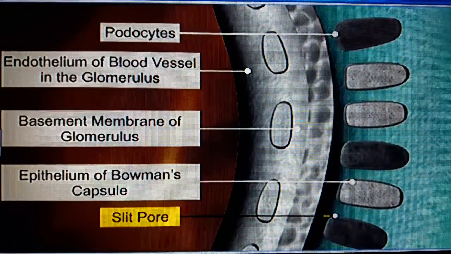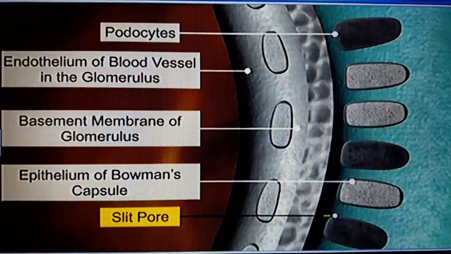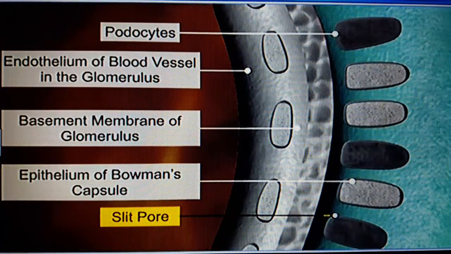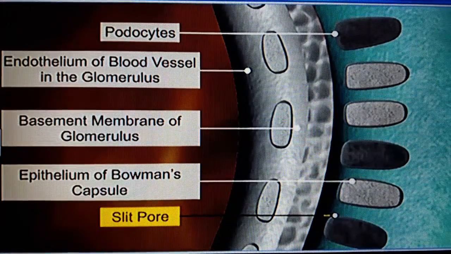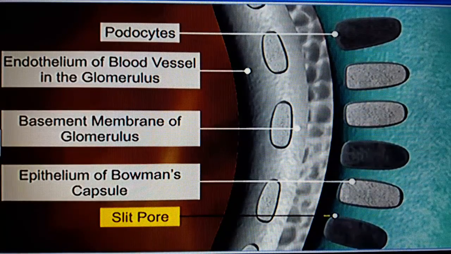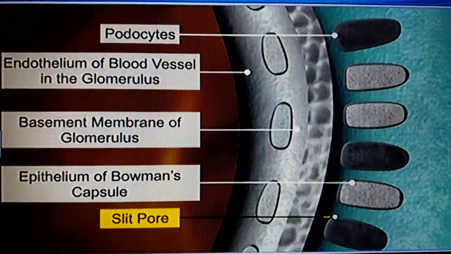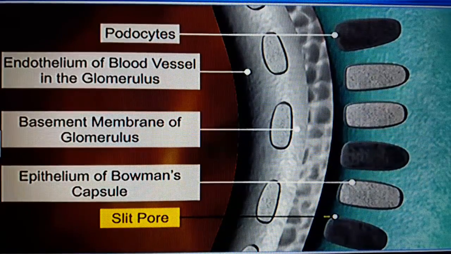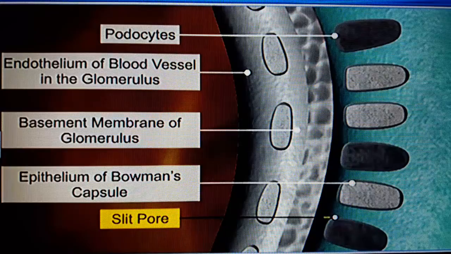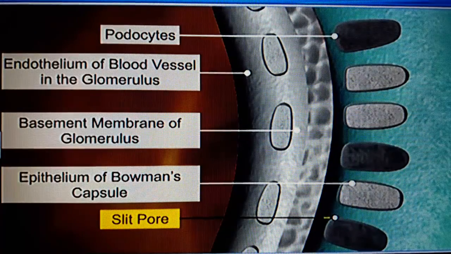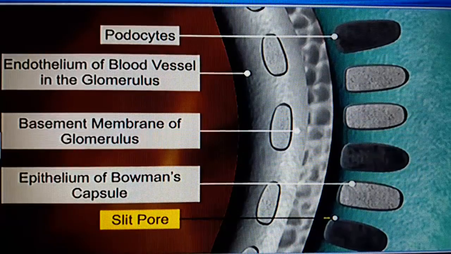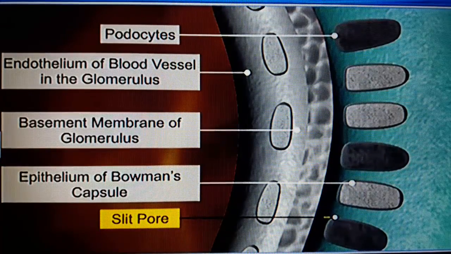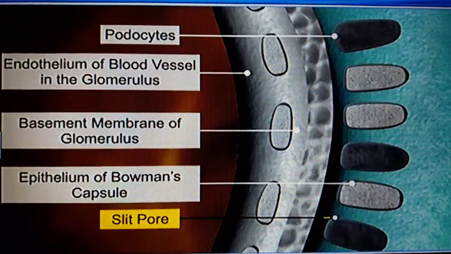These slits are called filtration slits, and they are very small spaces through which ultrafiltration takes place. Only the molecules small enough to pass through the filtering membranes form the glomerular filtrate, and the large particles remain in the capillaries and pass out through the efferent arterioles.